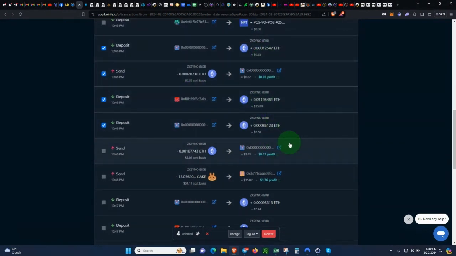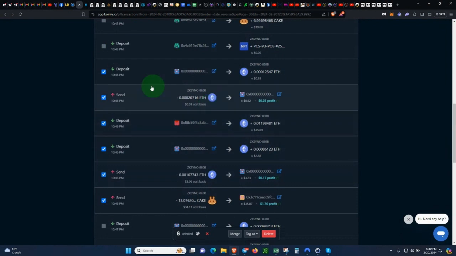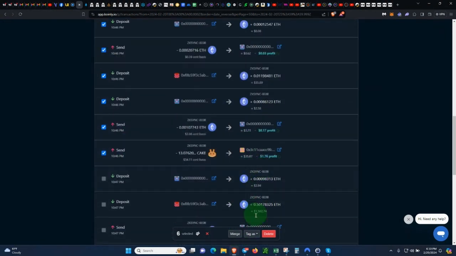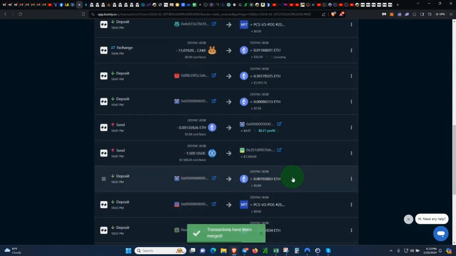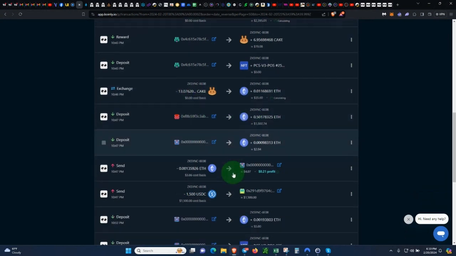That's the actual ETH that I got for swapping in my cake. I'm just going to lump all that together, and those 6 transactions should turn into just a single trade transaction. Okay, so there we go. Including the gas fee and the fee refunds, I got about $35 worth of ETH for my cake.